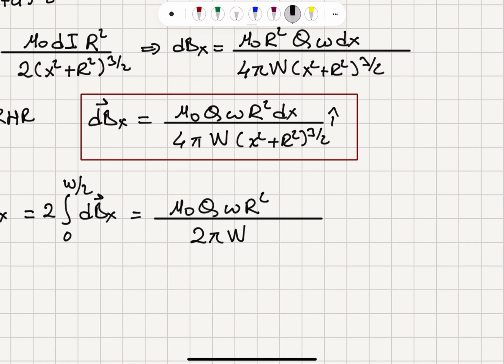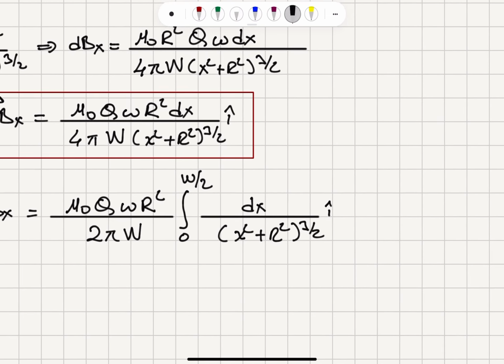And I will have inside the integral from 0 to W over 2 dx divided by (x squared plus capital R squared) to the power 3 over 2 i-hat, that is at the origin.